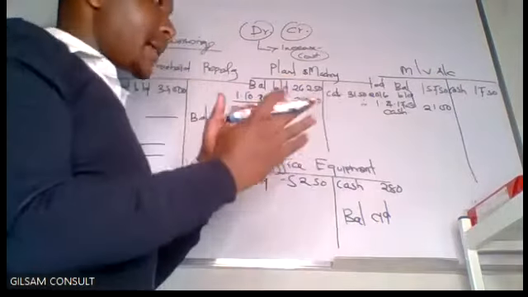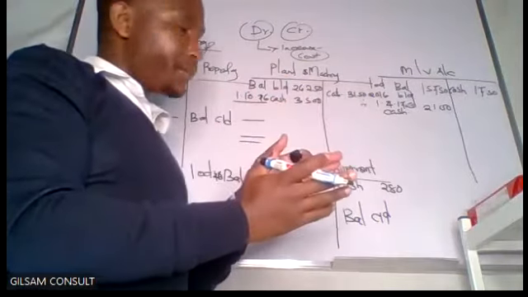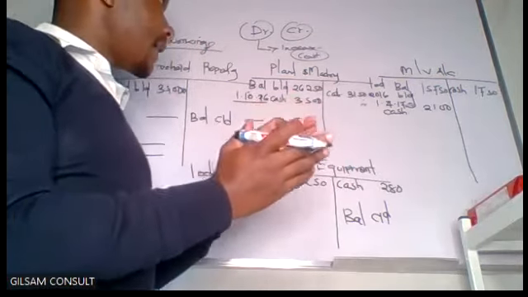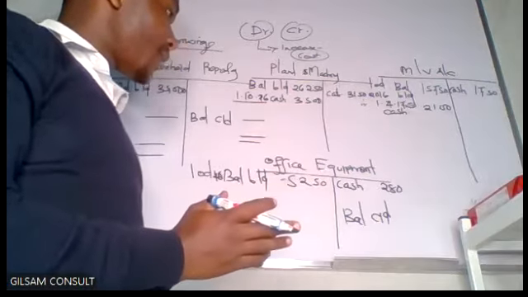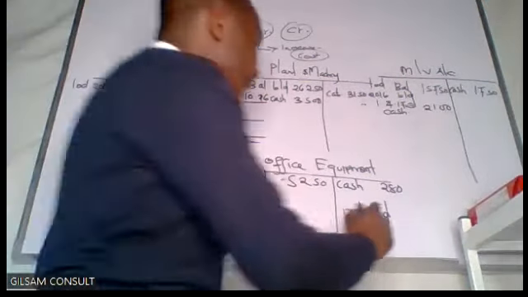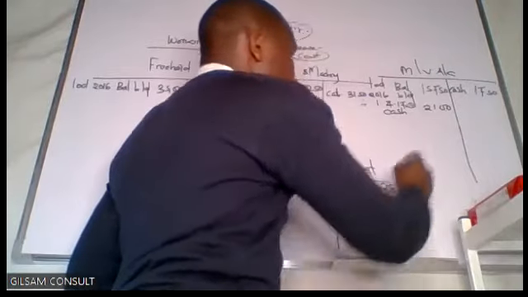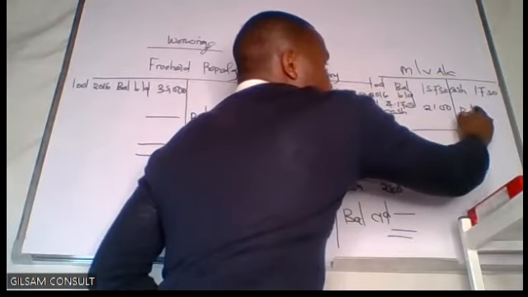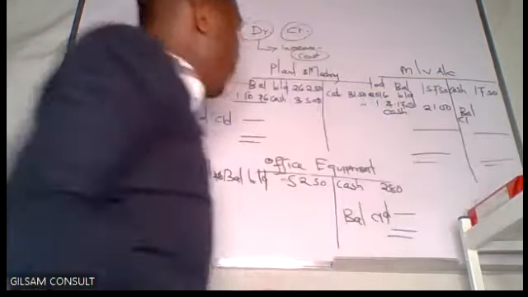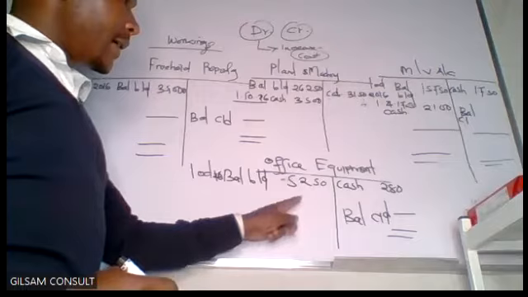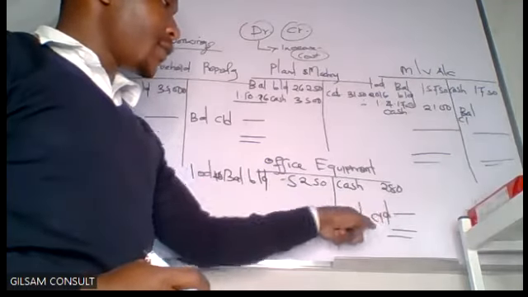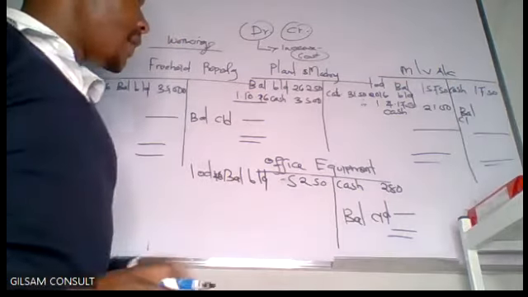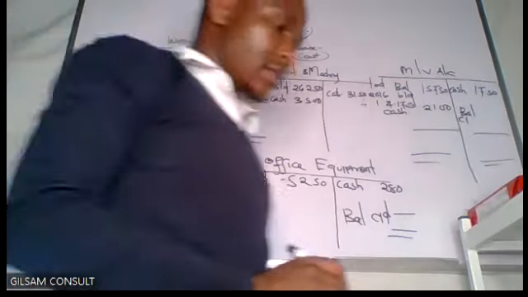The second part was depreciation. So get the balance carried down for all of them. You add the debit side, then subtract the credit side to get the balance carried down, in all the accounts.